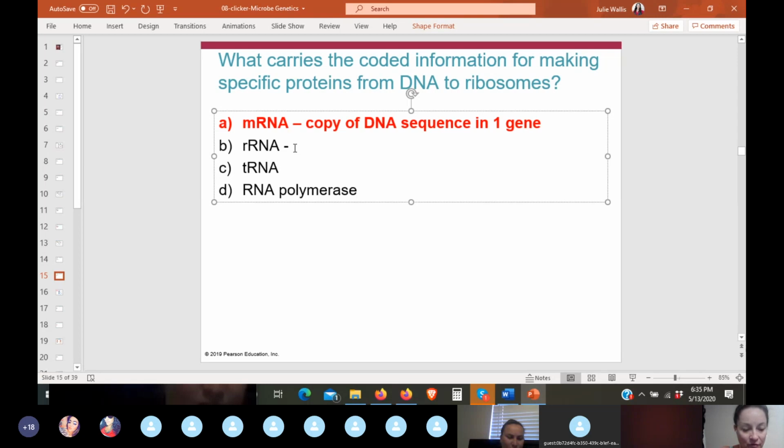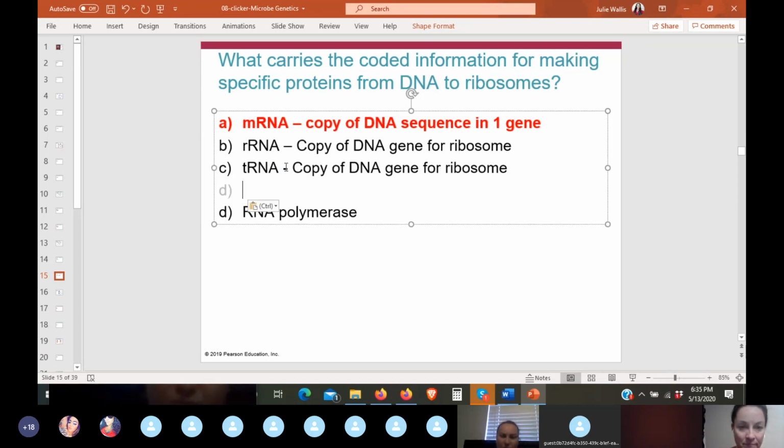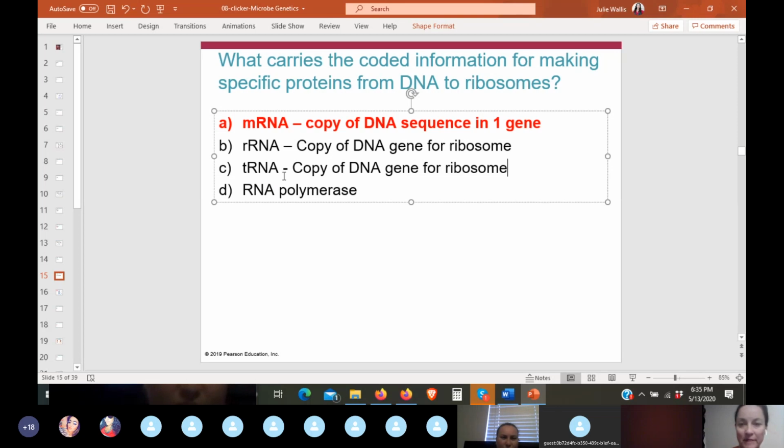So this would be a copy of the DNA gene that codes for part of the ribosome, because part of the ribosome is actually pieces of RNA, which is why it's called ribosomal RNA. And then the tRNA is also coded for by a gene, not for ribosomes, but for the RNA that carries the amino acids to the ribosome.